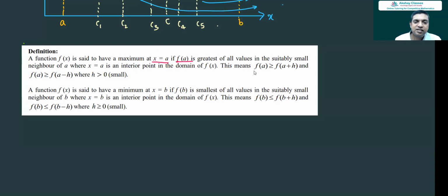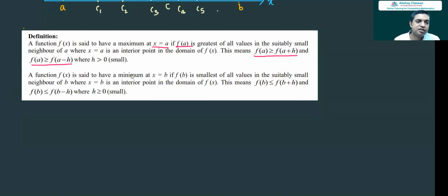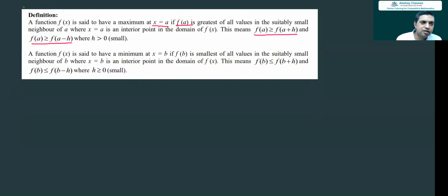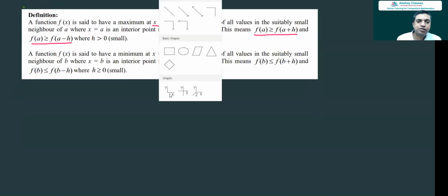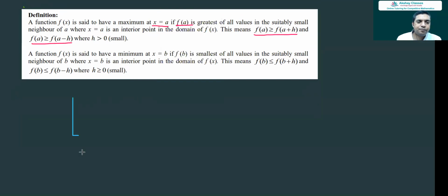So we write this as f of a is greater than or equal to f of a plus h, and f of a is greater than or equal to f of a minus h, where h is a small value. This way of definition will take into account non-differentiable functions also.